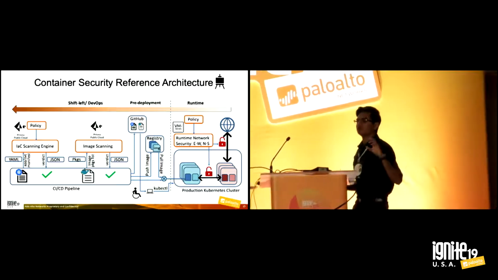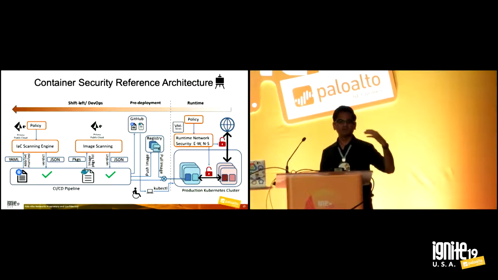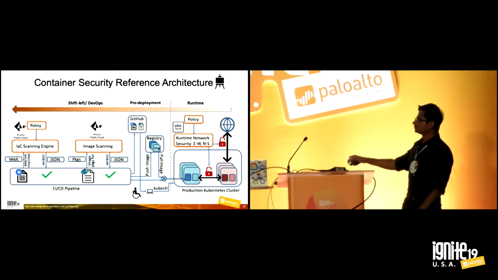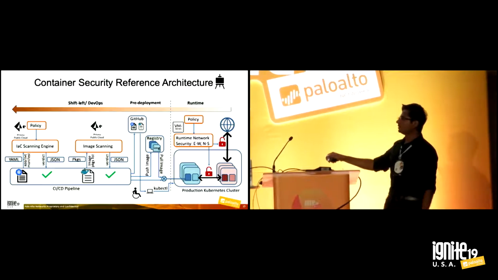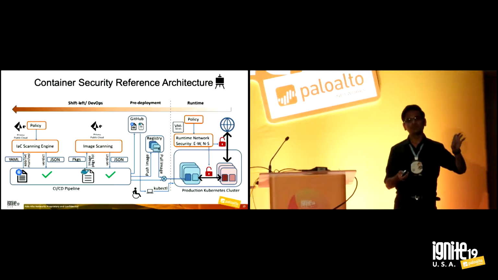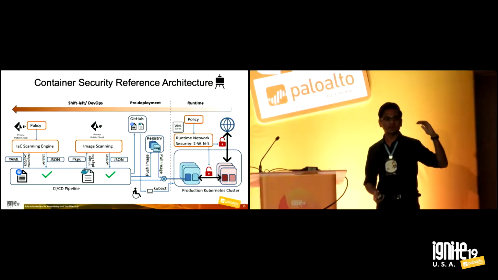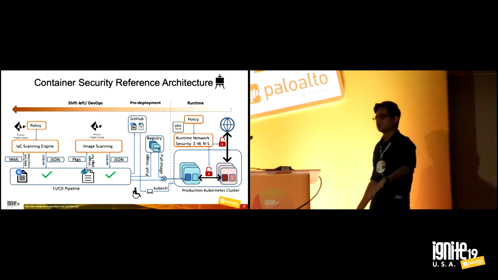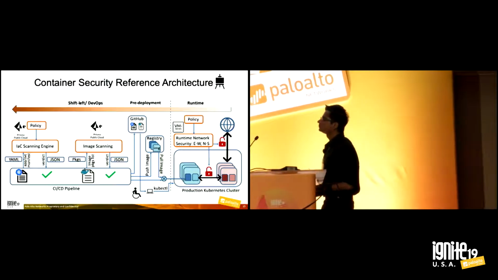If you're missing any, if there's any policy violations, it will flag them, give you the exact policy violations. And the second one is image scanning for vulnerabilities. You have a container image, you have a bunch of packages there. It will give you all the vulnerabilities associated with all the packages in this container image.